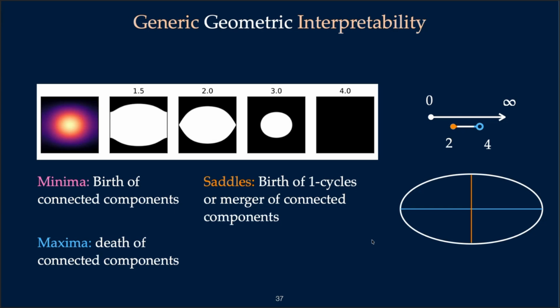You can formalize this very concretely: the minima of these functions correspond to the birth of connected components of sublevel sets, and saddles are the birth of one-cycles or a merger of connected components. And the maxima are the death of one-cycles.